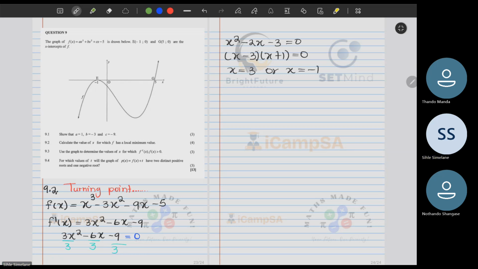Okay. So now if you observe carefully, for this question we are asked to find the local minimum. So remember, when I said local minimum, you are just looking at a specific area. Let's say you focus here. Do we have the smallest value here, or if we zoom in closer to this turning point, do we have a local minimum?